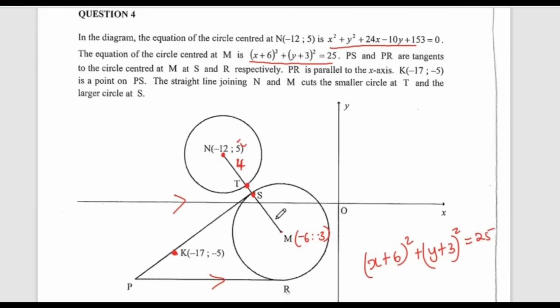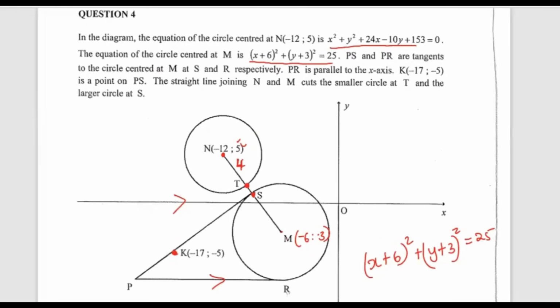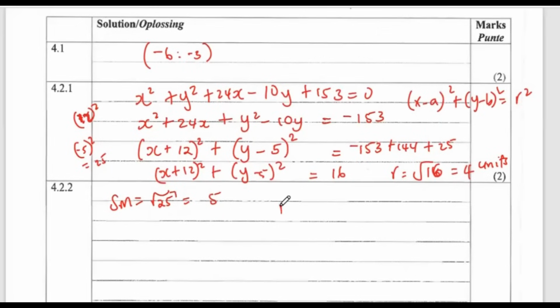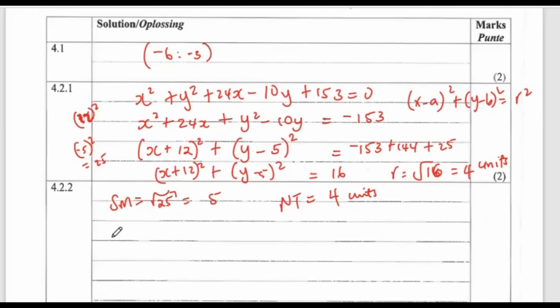So the radius is the distance SM, which is going to be the square root of 25, which is 5 units. We say the distance of NT, we found it to be 4 units. Then all I need to find is the distance NM. Then I'll subtract these two.